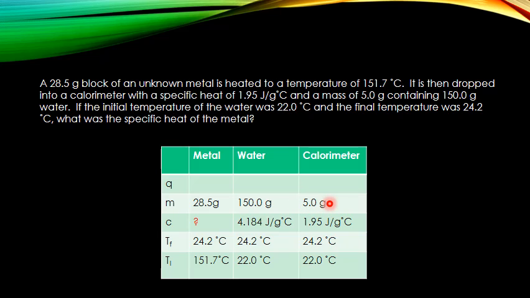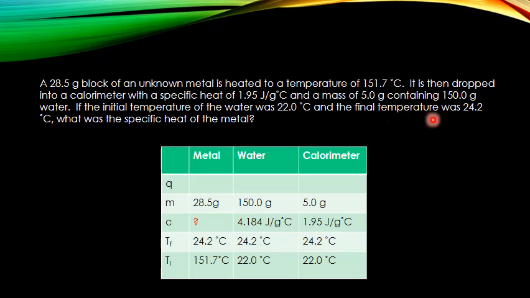Containing 150 grams of water. Okay, I need to find my water category, and I put this under my mass. There it is, 150. If the initial temperature of the water was 22 degrees, okay, so that's the initial temperature of the water, but that's also going to be the initial temperature of my calorimeter, because if my water is 22 degrees, that's sitting inside the calorimeter, so the calorimeter has to be the same temperature.